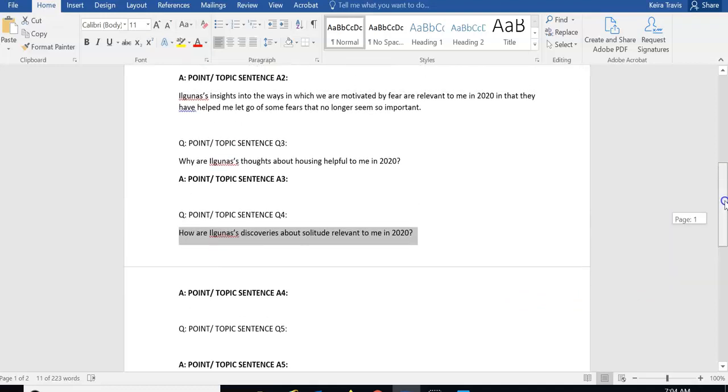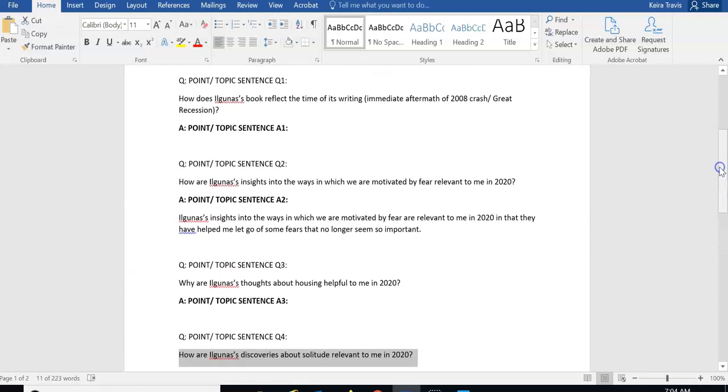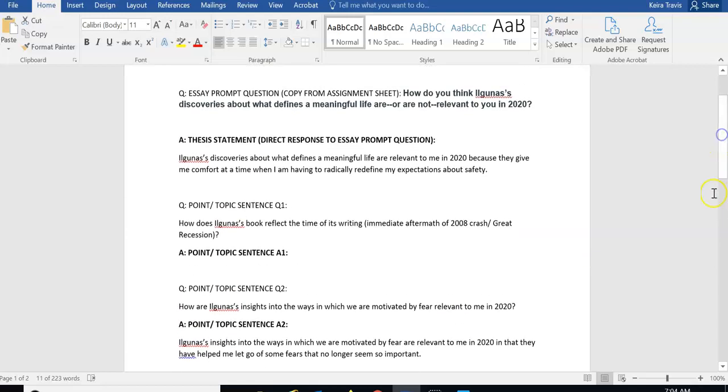I like that as maybe a last body paragraph, because here's a point on which maybe Walden on Wheels is even more relevant in the COVID era than it was in the Great Recession era, in that since we've been social distancing so much, quarantining even, we have had to really contend with solitude in a way that people during the Great Recession didn't particularly have any reason to do.